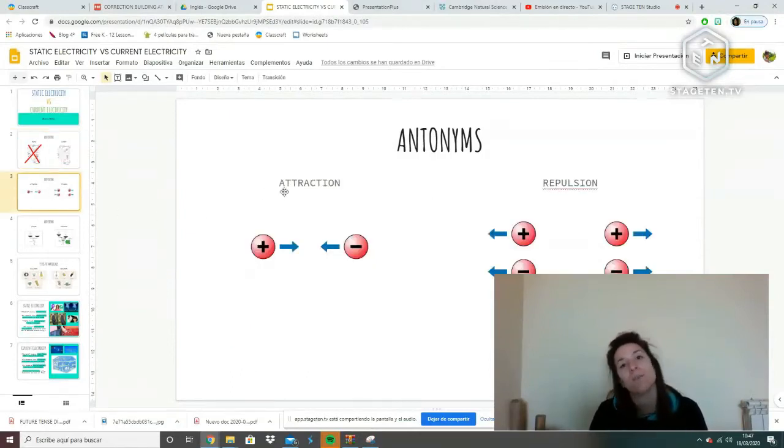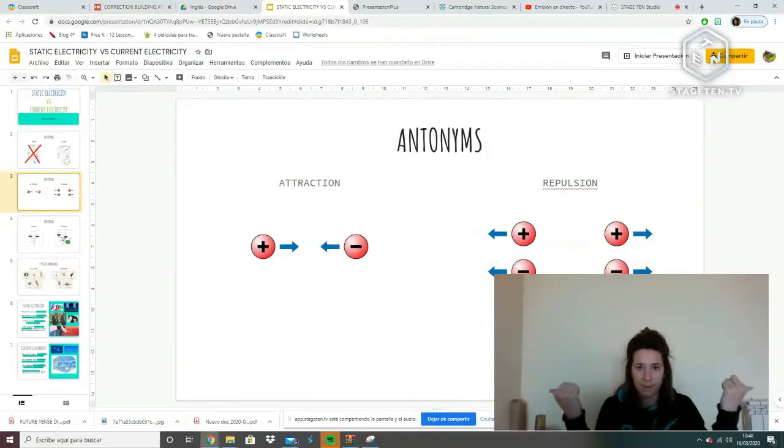The second concept we need to have clear is the concept of attraction and repulsion. Remember that in the book and in the previous objectives, we learned that different charges, when they are positive and negative, they attract each other, okay? So they get closer. But on the other hand, we have repulsion, which means that they separate, okay?